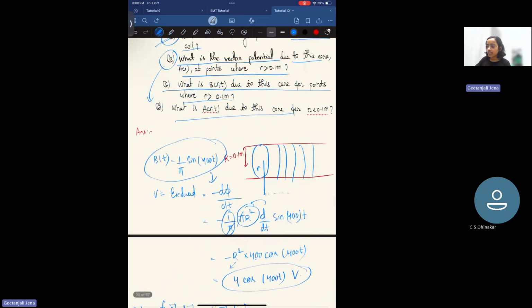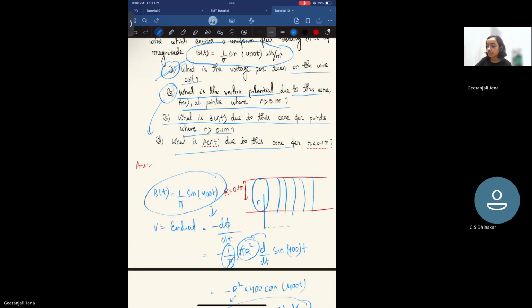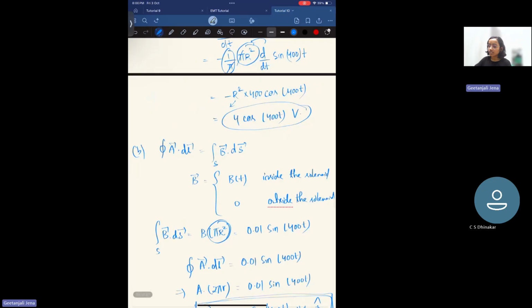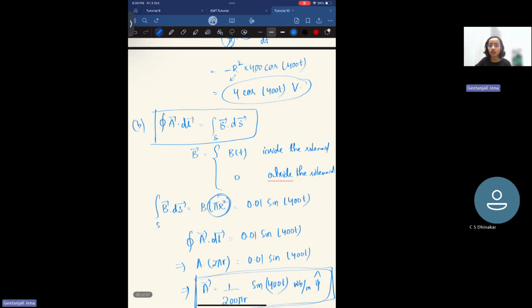For the second part, we need to calculate the vector potential due to this core at a distance outside the wire. So let's say we are considering a point R here. To find the vector potential, if you recall, we have already seen this relation in magnetostatics. A dot dl is related to the magnetic flux, which we related using Stokes theorem.